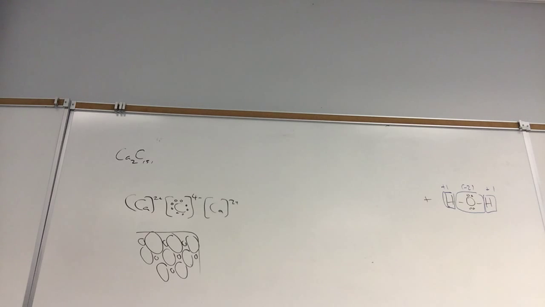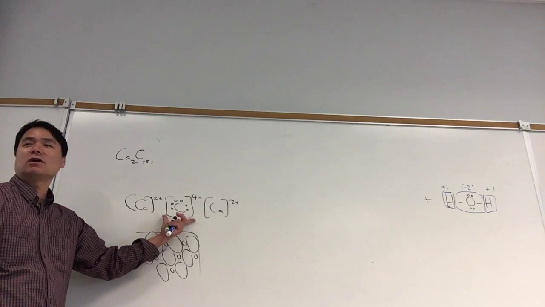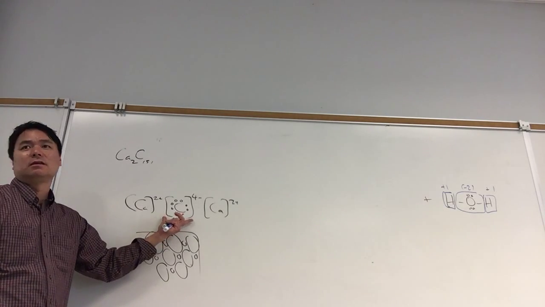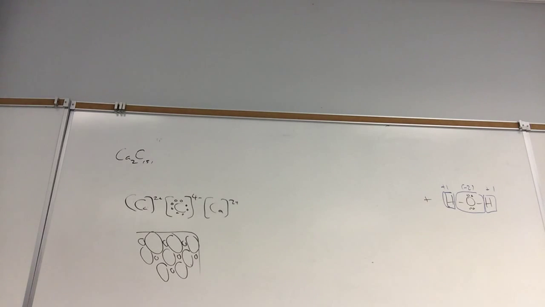Calcium 2+ ions and some anions. So you take calcium, that's calcium 2+, no big deal, that's stable, right? How about carbide? Is carbide stable? It doesn't appear so, because carbide is quite electron rich or electron poor?